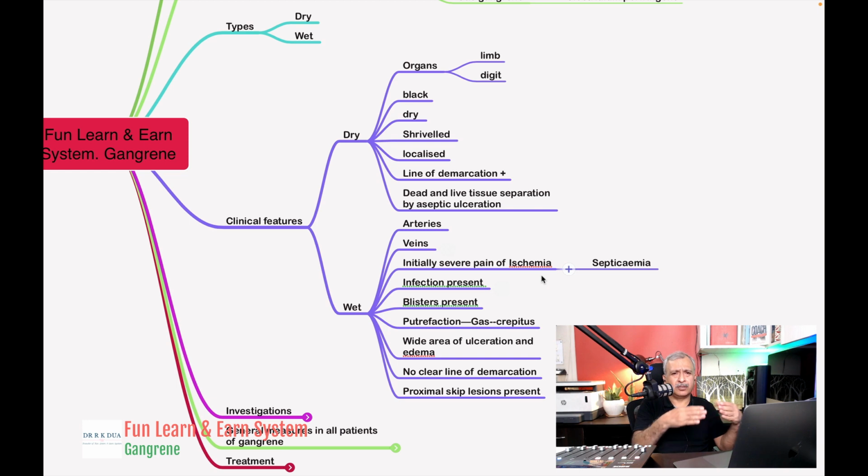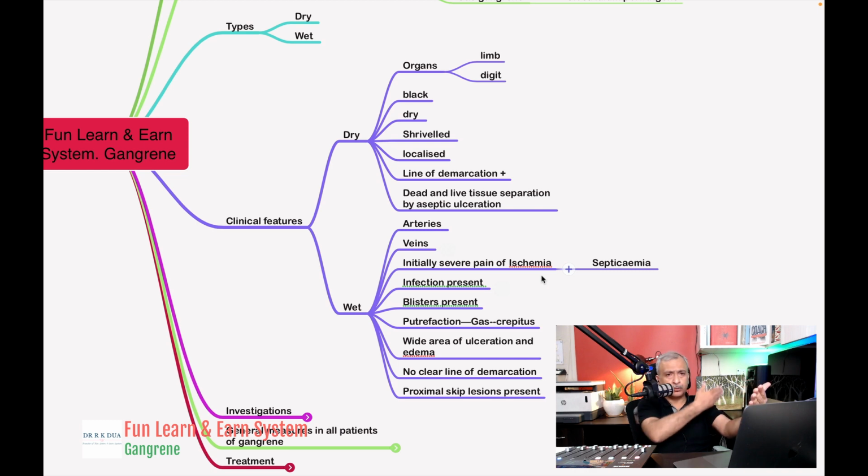You cannot basically define that at this line this is the dead tissue and at this line this is the live tissue. So even if at this point we can make out that some demarcation is there, if we see more proximally, we find that skip lesions are also there at the proximal part.